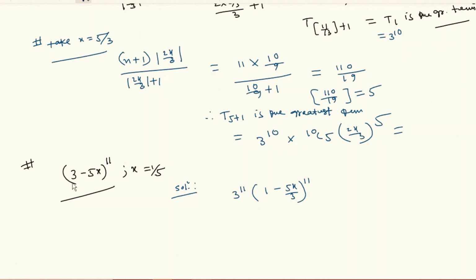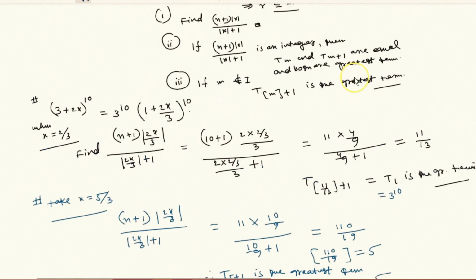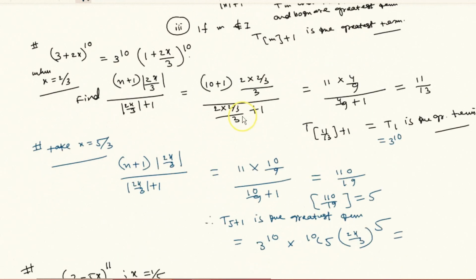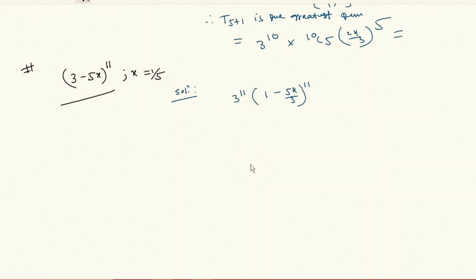We never calculate all those Tr plus 1 because we know this thing we have to calculate: n plus 1 mod x by mod x plus 1. We will find that one always. So we find n plus 1 mod x by mod x plus 1.